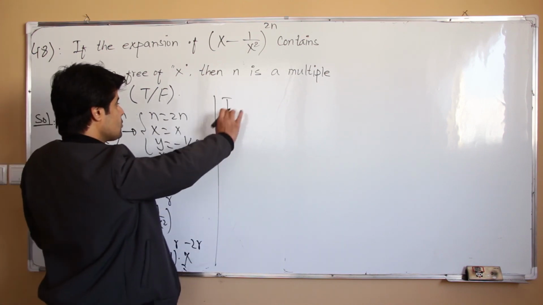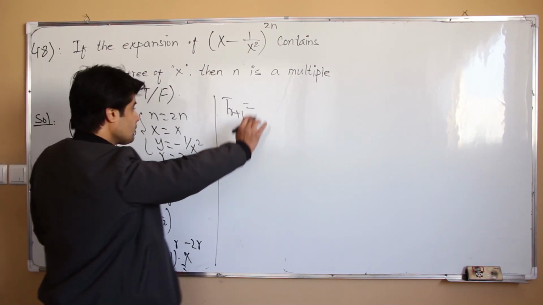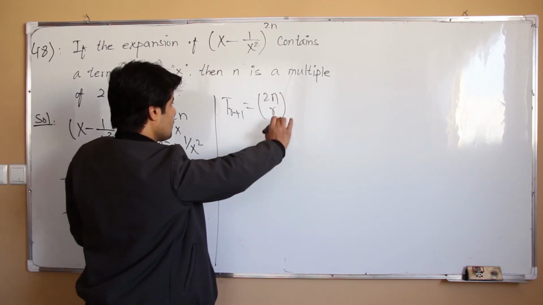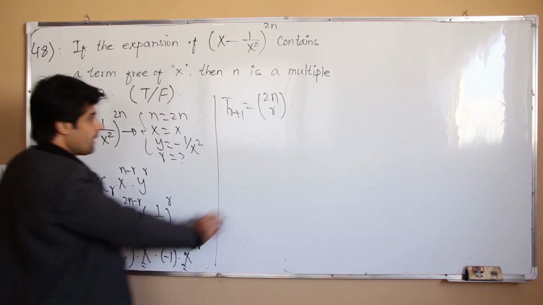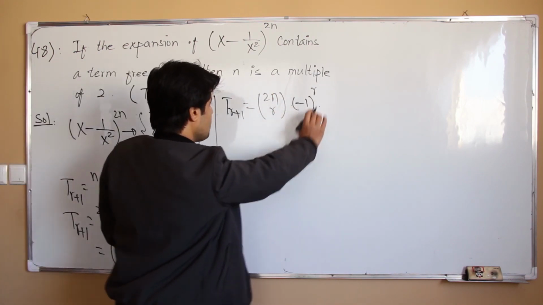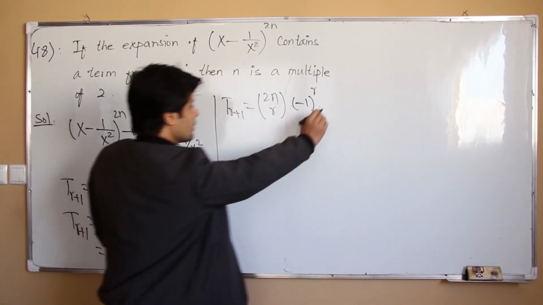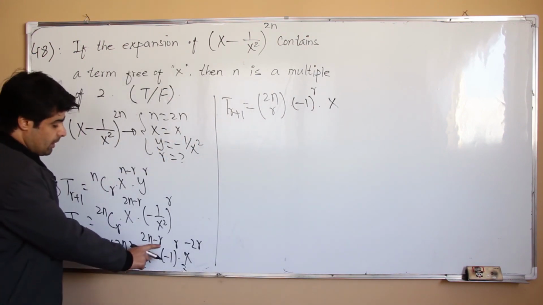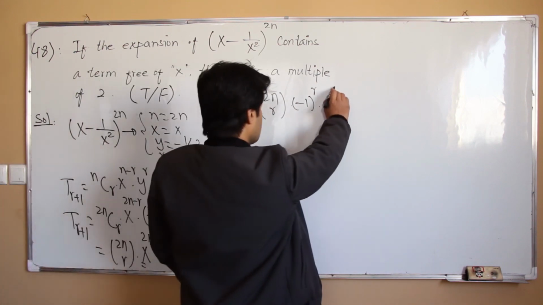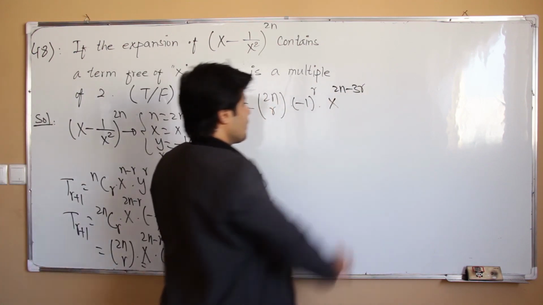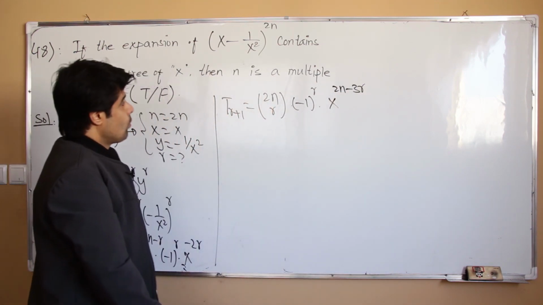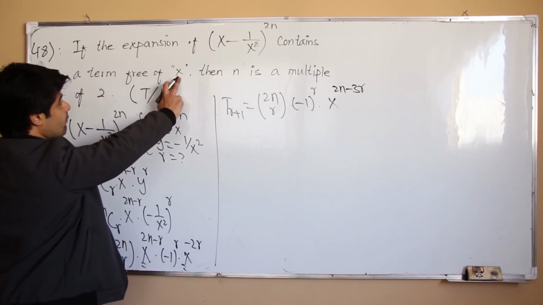So our general term is 2nCr times minus 1 raised to the power r, x, they are same. So x to the power 2n minus r minus 2r. It is 2n minus 3r. Am I right? Now, what is the term free of x?